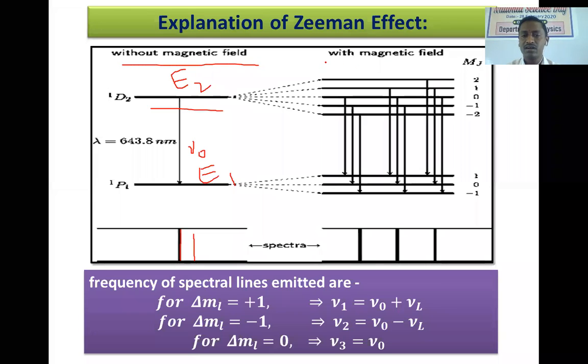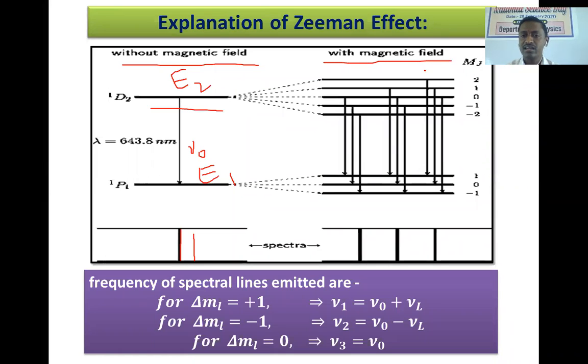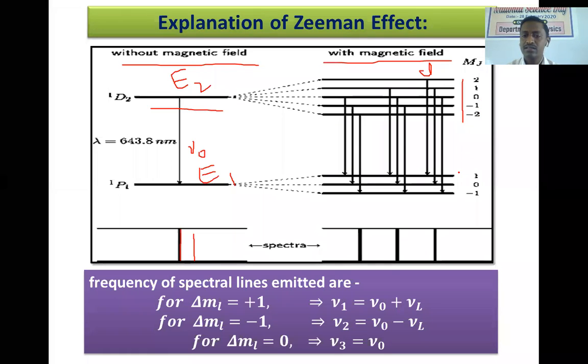In magnetic field, or in presence of the magnetic field, we know a single spectral level in a D state got split up into 5 components having ml values plus 2, plus 1, 0, minus 1 and minus 2. Again, the P state is split up into 3 components having ml values plus 1, 0 and minus 1.